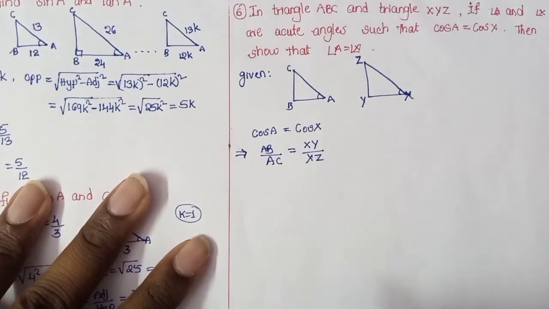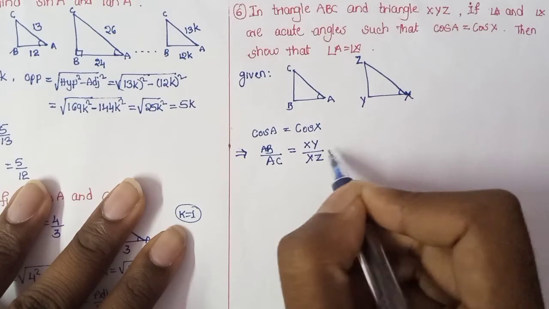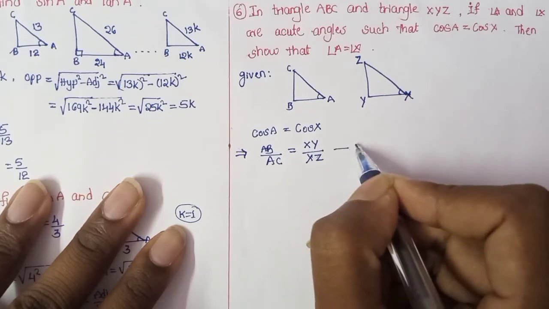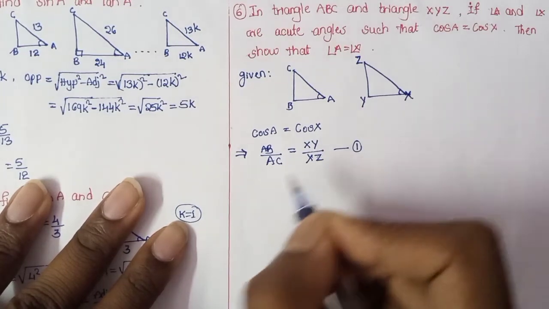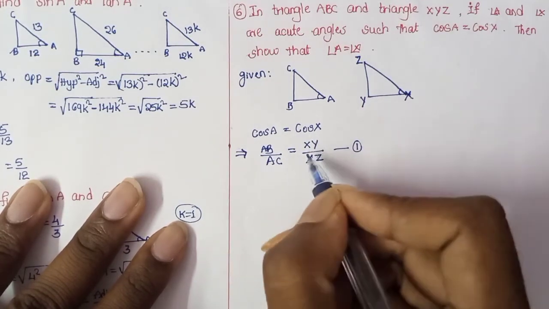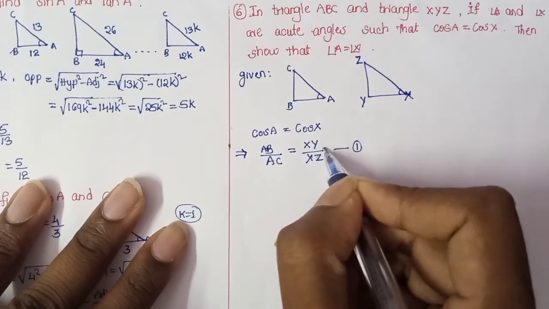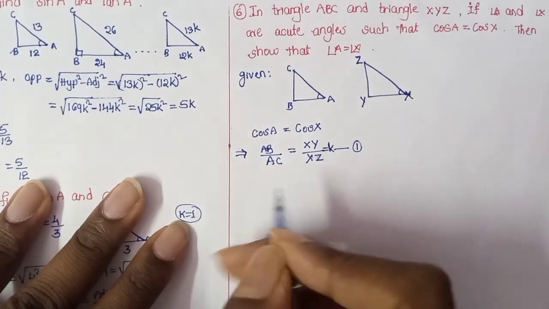This is the relation they have given. Let us take this as equation 1, and let us consider AB by AC is equal to XY by XZ is equal to some constant K, which is much easier for you.